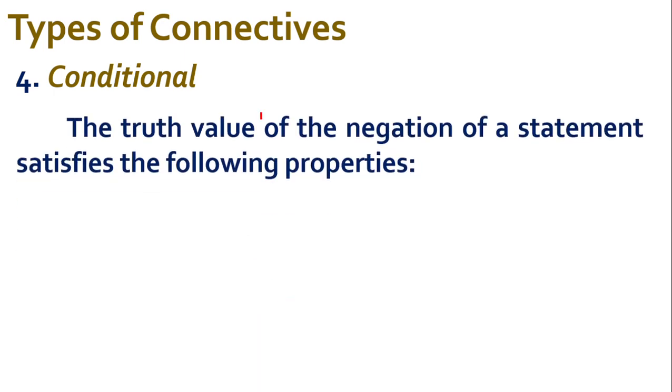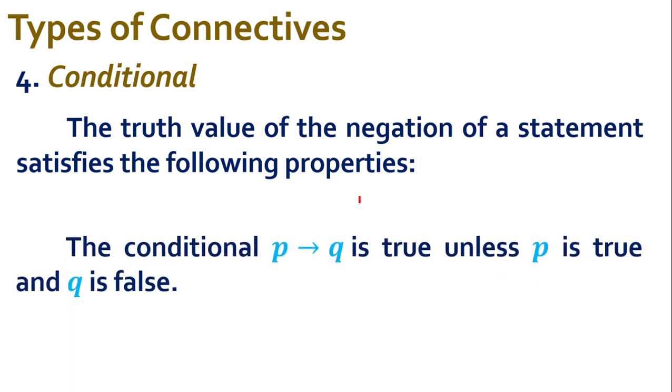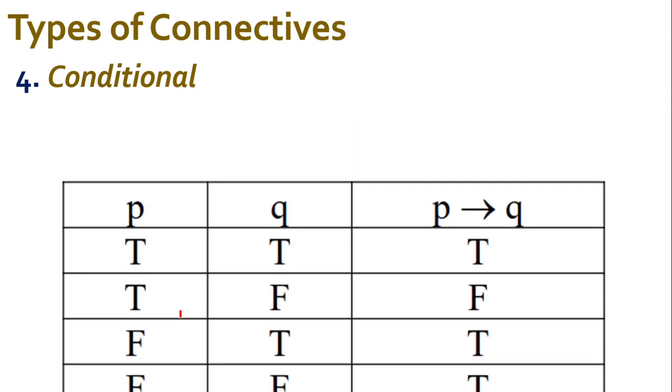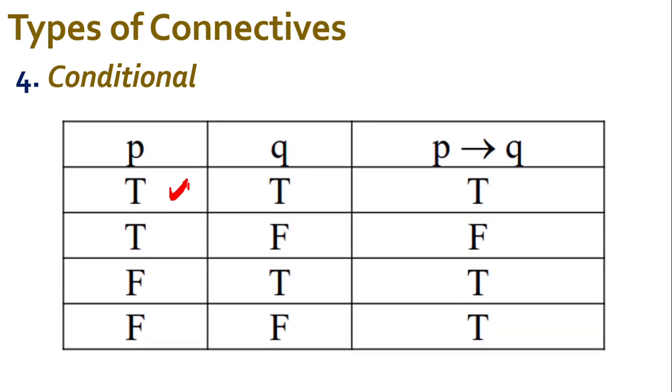The truth value of the conditional statement satisfies the following property: the conditional P → Q is true unless P is true and Q is false. Pag true ito at true yan, true.